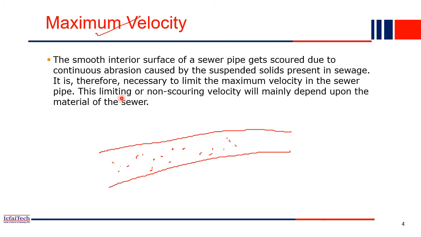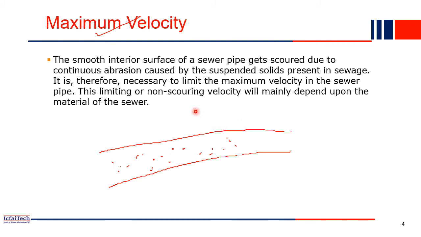So that we call it scouring velocity, that also has to be maintained. Again, this depends on what type of material we are using as a piping material. If you are using steel, then maybe it will have some duration, but if you are using a concrete pipe, in that case it will have different duration.